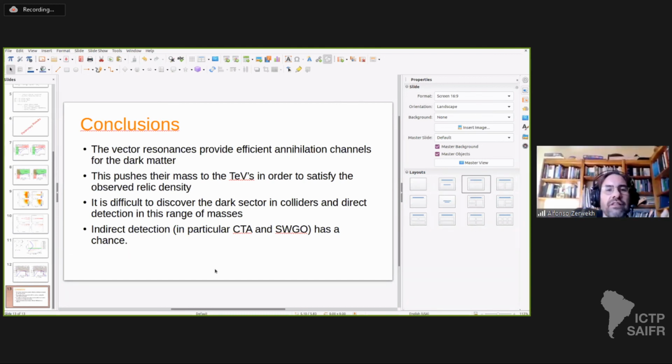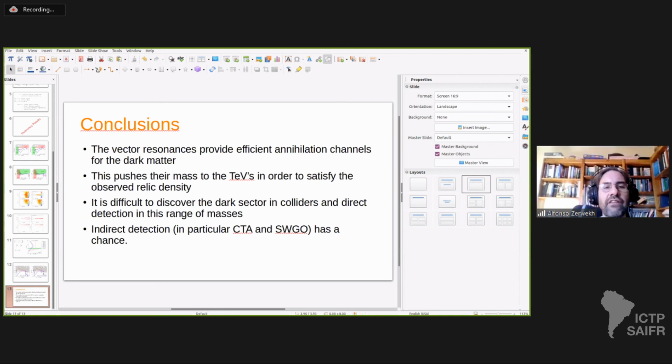So in conclusion, in this kind of model with gauge interactions in the dark sector, the vector resonance provides efficient annihilation channels for the dark matter. This fact pushes the mass of the dark matter to the TeV region in order to satisfy the observed relic density.